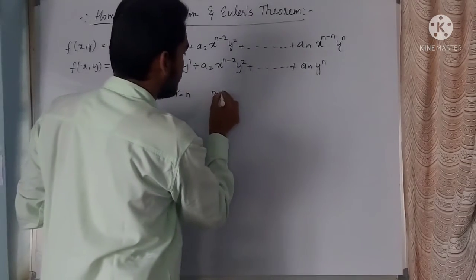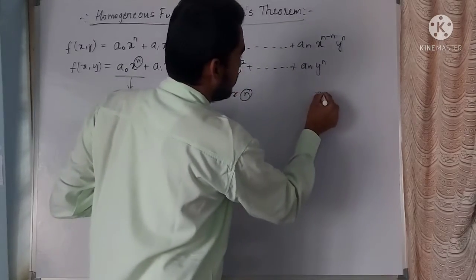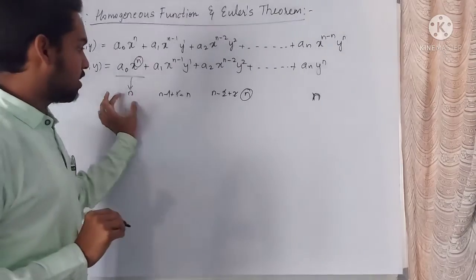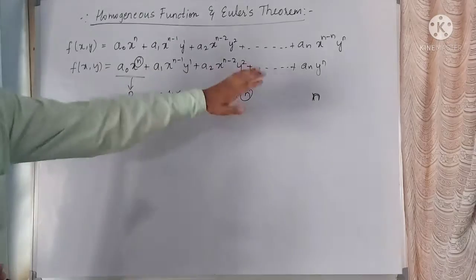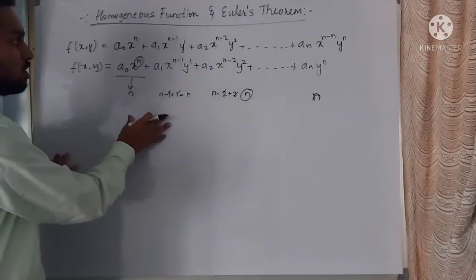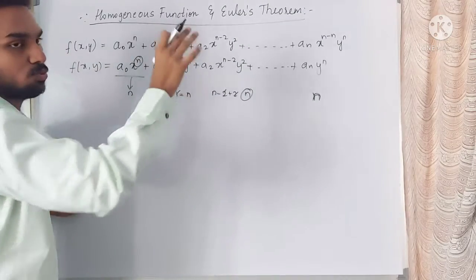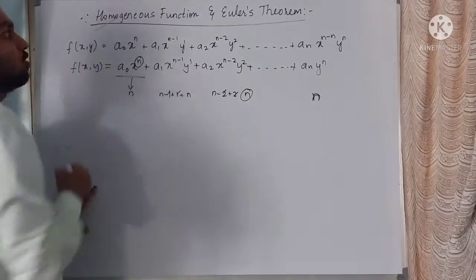Then n minus 2 plus 2 becomes again n. Here you again have n. So each term has the degree n, and it is unique. Throughout the function, the degree remains the same, that is n. Such functions, in which the degree of each term is the same, are called homogeneous functions.